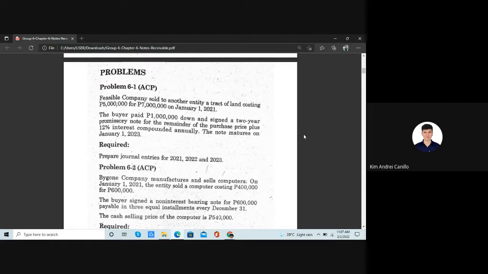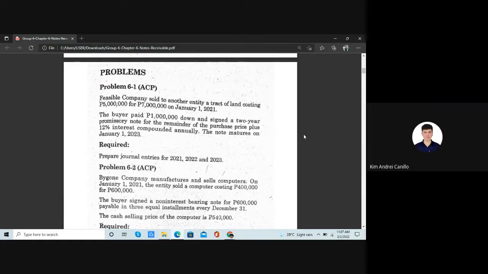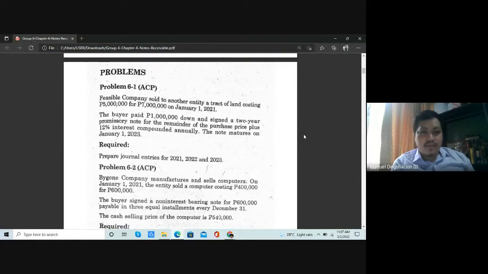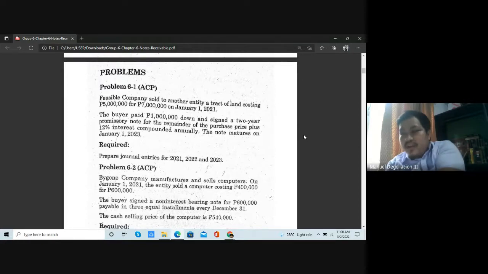By a promissory note, sir, and it's stated at 7 million. Was the payment done only through the issuance of a promissory note, or was there some other mode of payment? Yes, sir, the buyer had a down payment of 1 million. So the transaction here is a sale of our land, which was paid partially in cash and partially in notes receivable. Okay. And how were you able to compute for the gain on the sale?